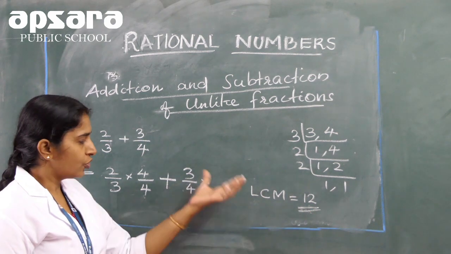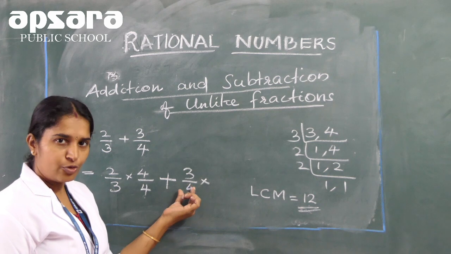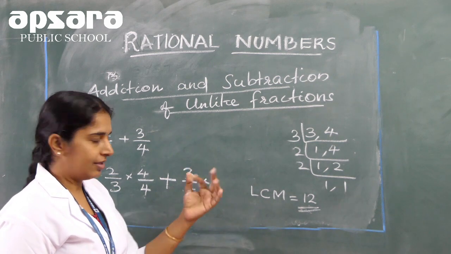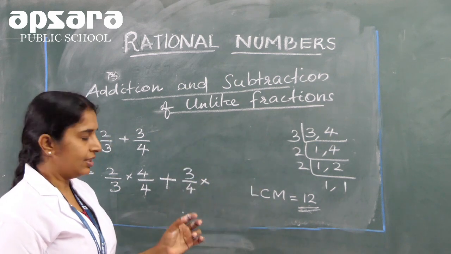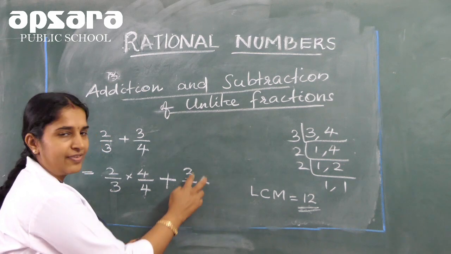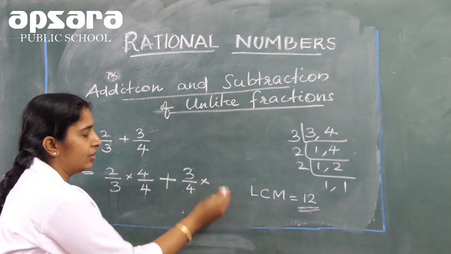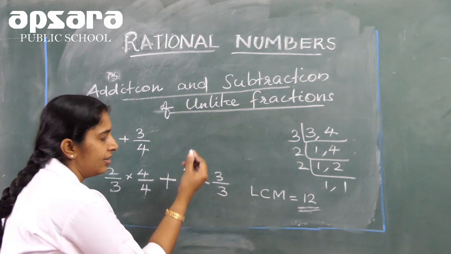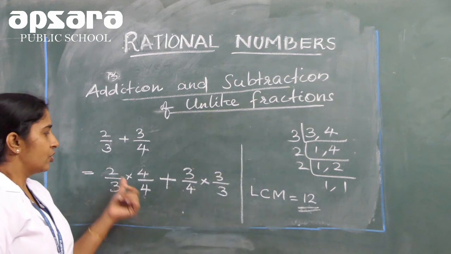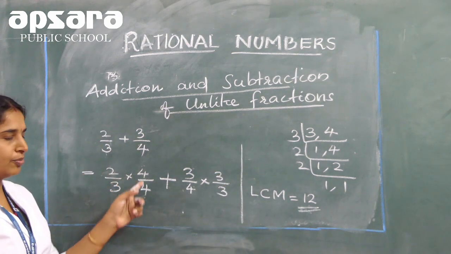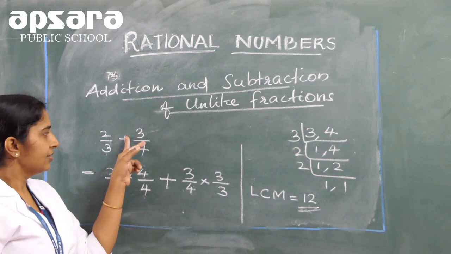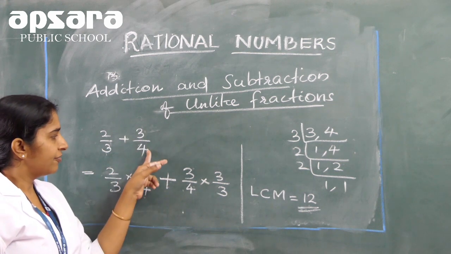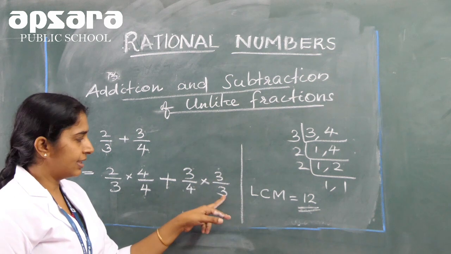How will you get 12 from 4? 4 should be multiplied with 3. 4 into 3 will give 12, right? So multiply this fraction's numerator and denominator with 3 by 3. So 2 by 3 into 4 by 4 plus 3 by 4 into 3 by 3.